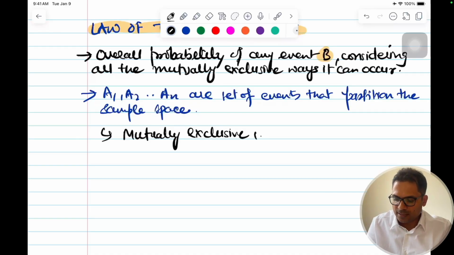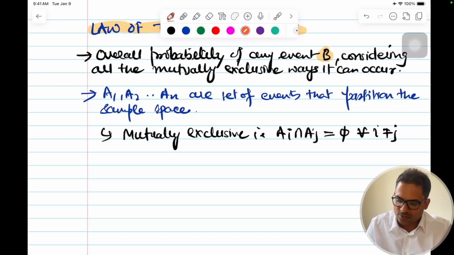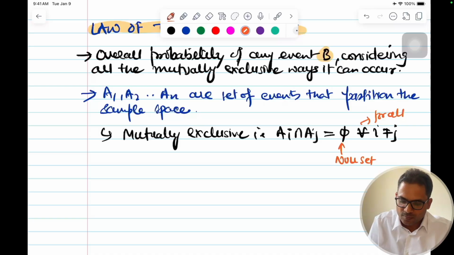That is, Ai intersection Aj is equal to phi for all i not equal to j. This is called the null set, and this symbol means for all.